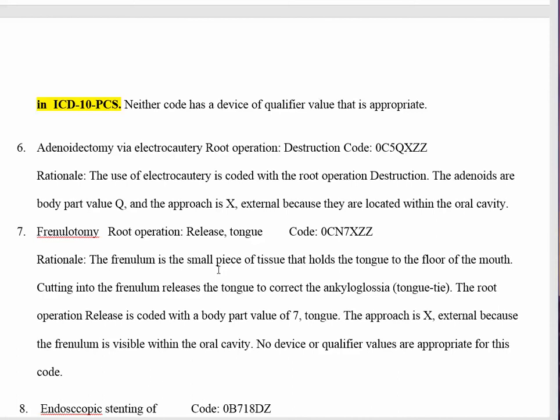Number 7, we have a 4-year-old child who's having a frenulotomy. He's having a cutting of that little piece of tissue on the bottom of the tongue. He's having it cut to correct his condition of what's called tongue tie. This is a common thing in children.